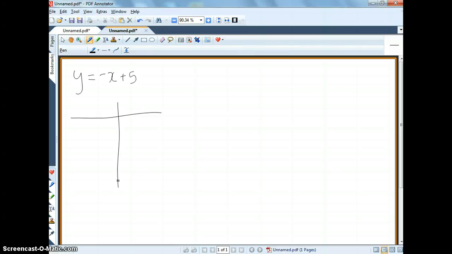But for this work, we're just going to stick with the 5 values of x: -2, -1, 0, 1, and 2. Okay? And to find what y is, we have an equation: minus the x value plus 5.